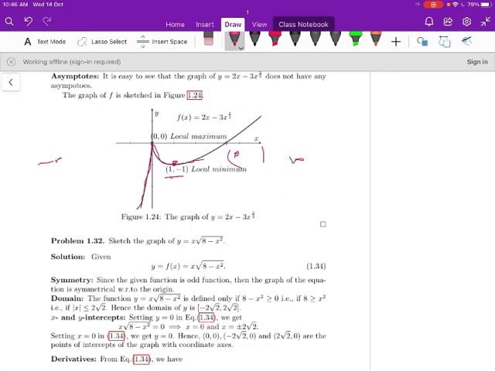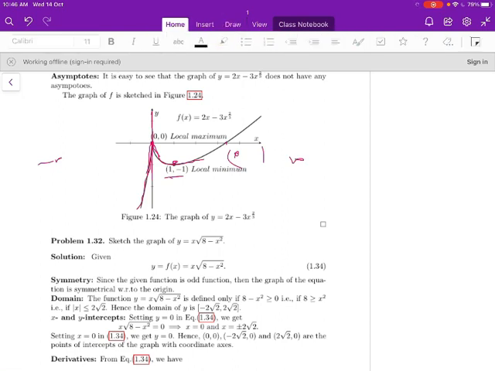Moreover, you can observe that at this point we have a local maximum value, but the derivative is infinity here. So the y-axis is the tangent at this point 0 comma 0. So roughly we can sketch the graph.